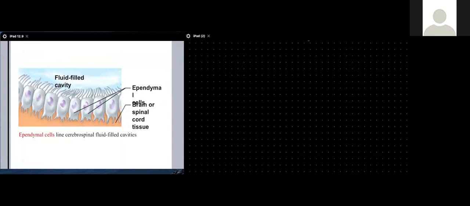Another type of neuroglial cells, those are my ependymal cells. And as we're going to be discussing later today or at the beginning of next class, we're going to learn that inside your brain, you've got ventricles.